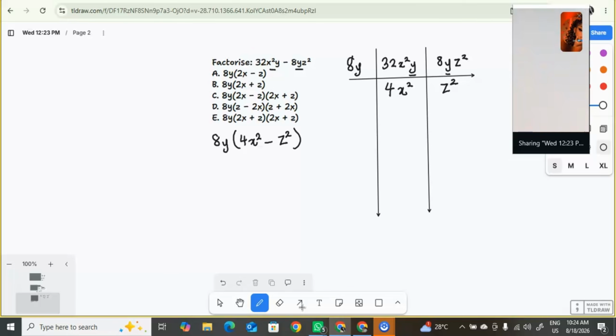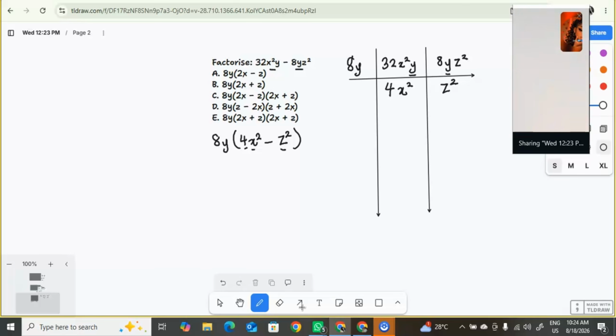Now it would have been easy to leave this answer like this, but if you look at the two terms inside this bracket, they are both squares. This term is a square, this term is a square, so we don't leave it this way. The next thing we want to do is to find the difference of two squares.